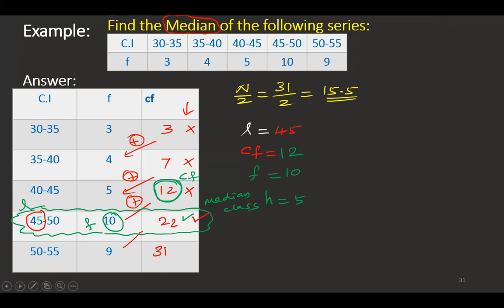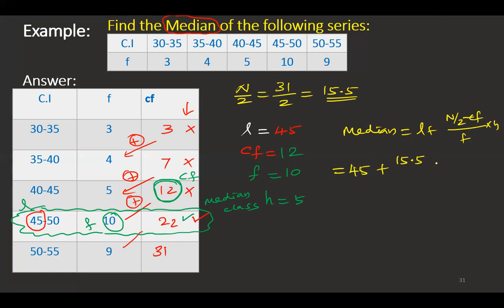So I'm going to use a formula, just substitute. It is very simple to substitute in the formula. So my median is equal to L plus, n by 2 minus CF, divided by F, into H. That's what we are going to do, right? So now what is my L value? L value is 45. Then plus n by 2, I already got it as 15.5.